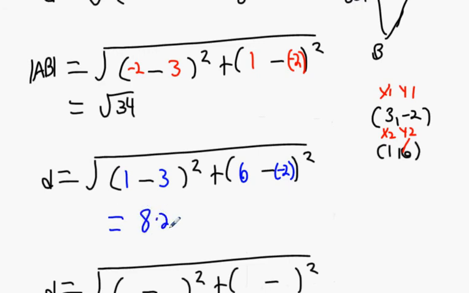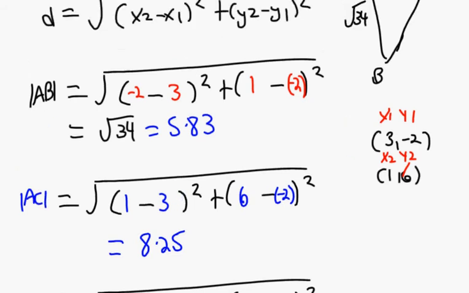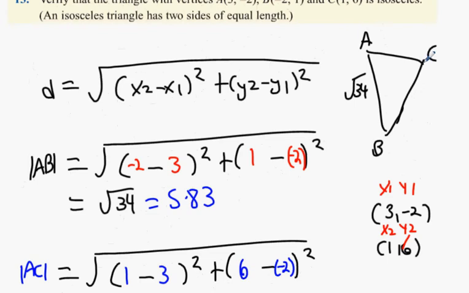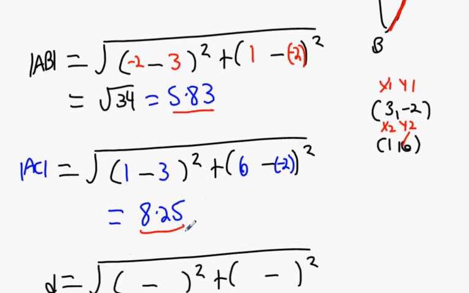And this one was 5.83. So at the moment we're seeing that AB is not the same length as AC. But it says it's an isosceles triangle, so what are we predicting for BC? It'll either be root 34, 5.83, or 8.25. We don't know which one yet.